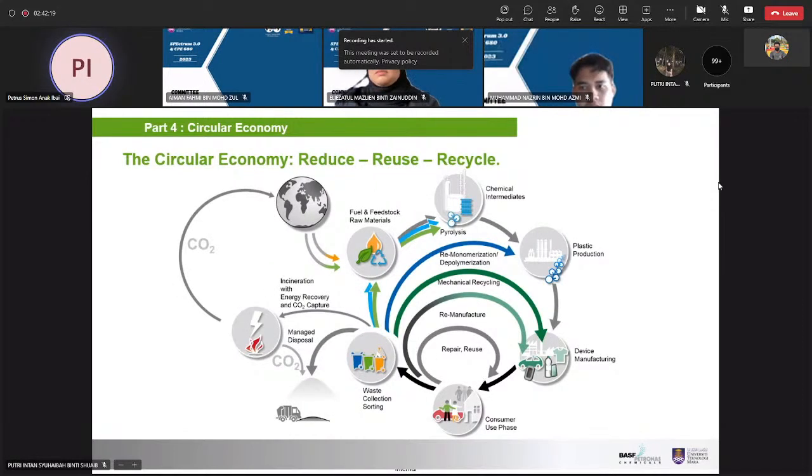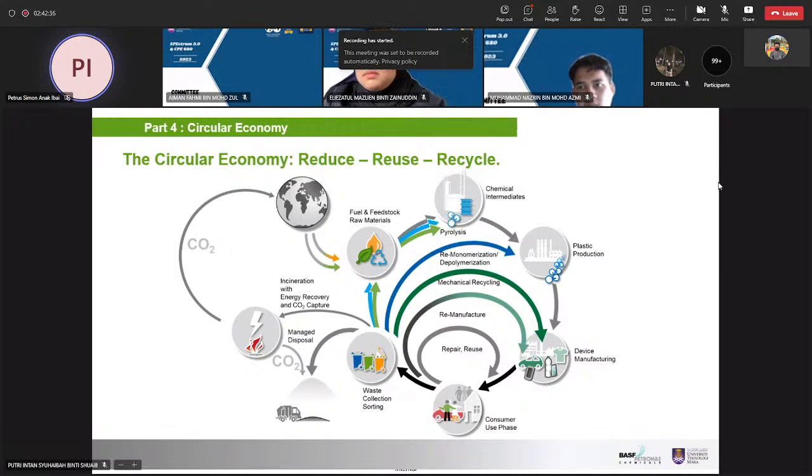In the circular economy, we can reuse and also recycle. For example, the natural resources that we have can be the fuel and the feedstocks to the processes.